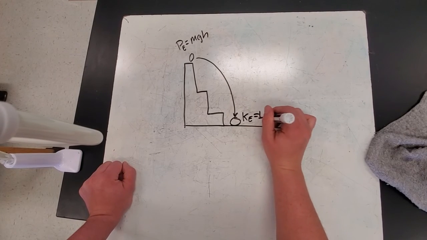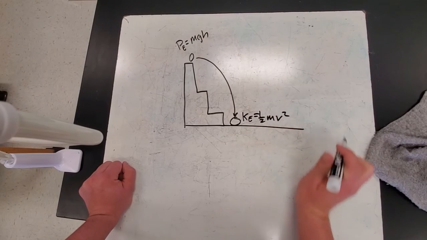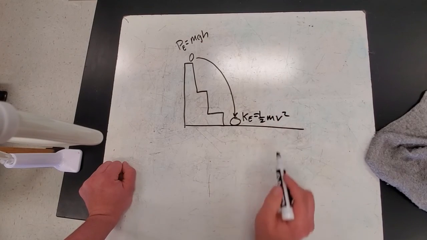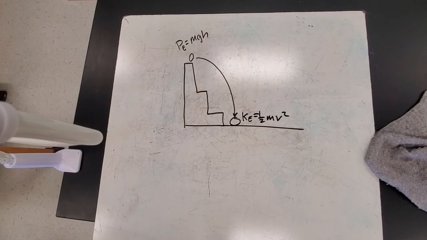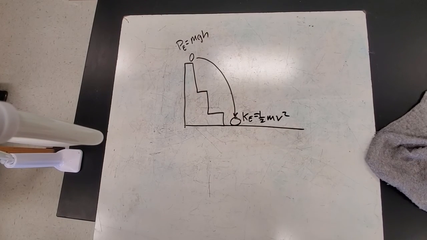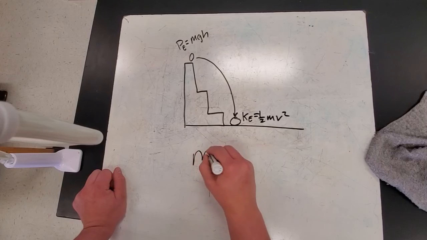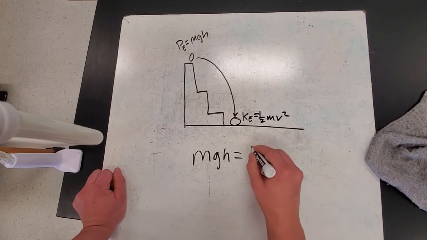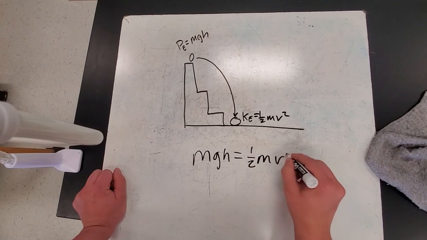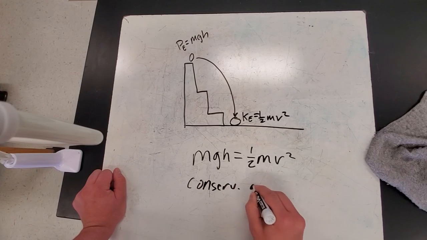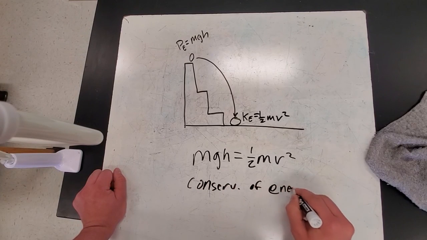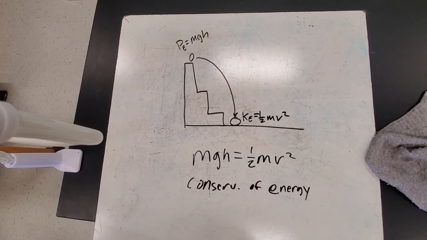It's equal to 1/2 mv squared. So we can use these back and forth to find out about energy and the different types of energy and different values. So using this equation, right, mgh equals 1/2 mv squared, that's conservation of energy. Cool.